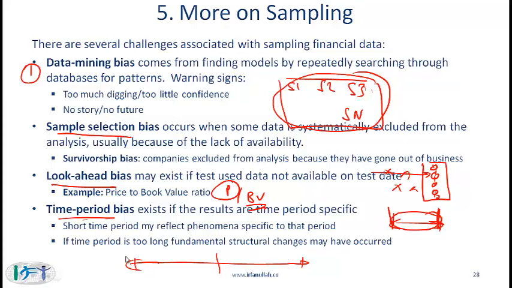So if you take the situation in India, in the 90s, the markets were opened up, and if you are now doing a study that spans from say 1980 to 2010, this is a very long time period where we've had at least one regime change or some fundamental economic changes, and studies that you do which span this long time period might also be susceptible to time period bias.